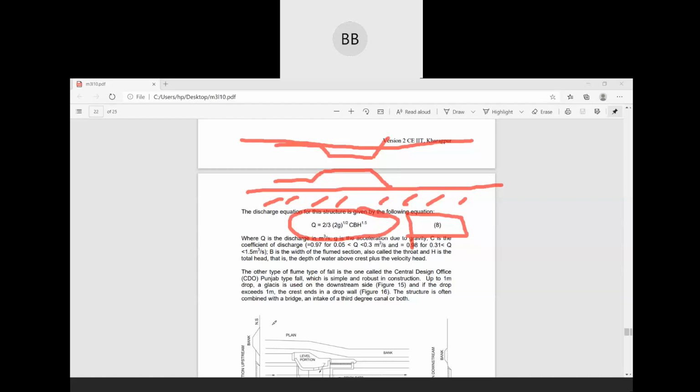Measuring flume, or you can say it's a venturi flume. Venturi flume, venturi meter is different. We use venturi meter to measure in pipe. In open channel, it's venturi flume.